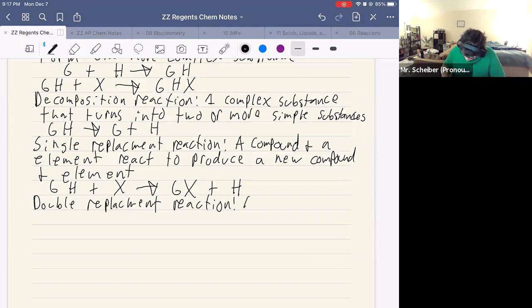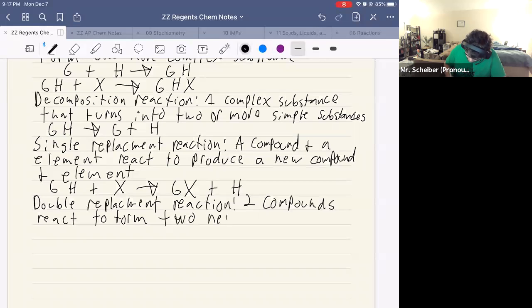And this is where we have two compounds instead of one react to form two new compounds. So let's take a look at the general formula for that.